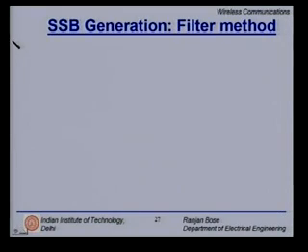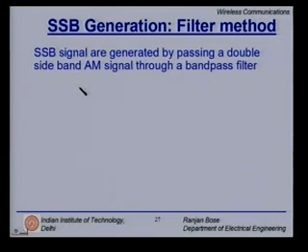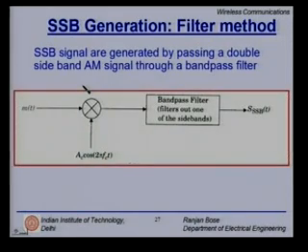Now, let us look at the SSB generation using filter method. SSB signals are generated by passing a double sideband AM signal through a band pass filter. Clearly, filter out the section you do not want. How is it implemented? m(t), which is the message signal, comes and is fed into a multiplier. On the other side, we have A_c cos 2 pi f_c t, which is the carrier.